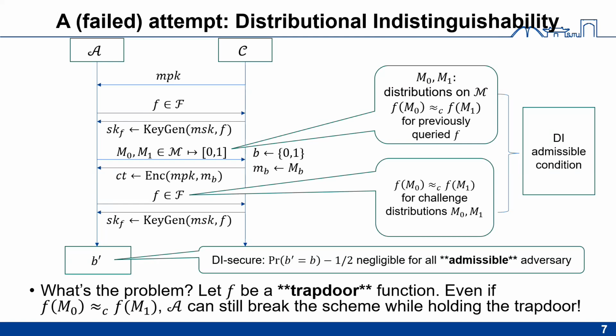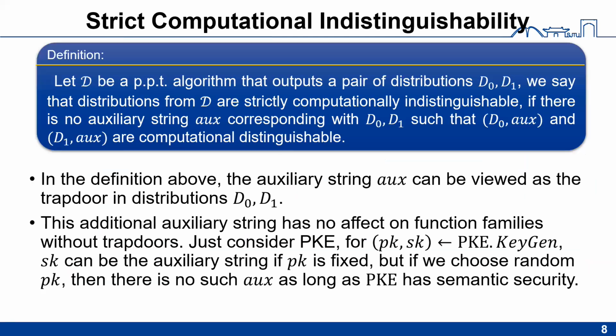Well, we solve this problem by presenting a stronger notion of computational indistinguishability called strict computational indistinguishability. As shown in these slides, in the definition, let D be a PPT algorithm that outputs a pair of distributions D0 and D1.